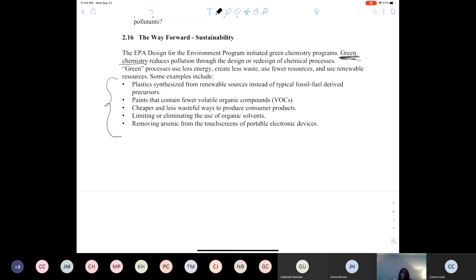And so all of those things help to reduce the probability of air pollutants getting into the atmosphere, and they help us use natural resources more effectively and more sustainably.